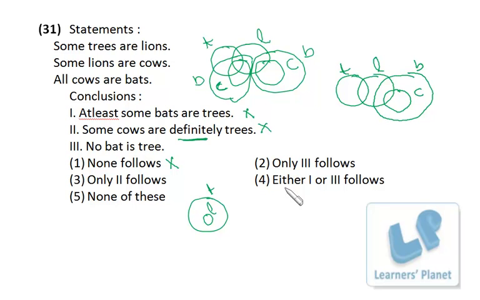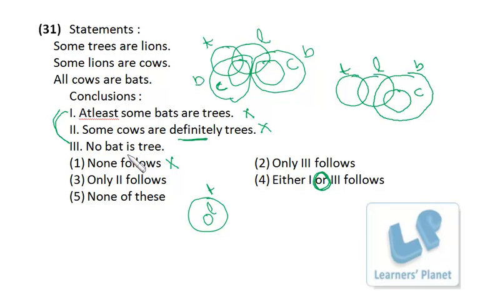See these two. Either one or three follow. See this two. At least some bats are trees. This is the case when at least some bats are trees, but that is not sure. And see, in this case this option is using the word or, right? So no bat is tree or this. So either this is true or this is true, right?